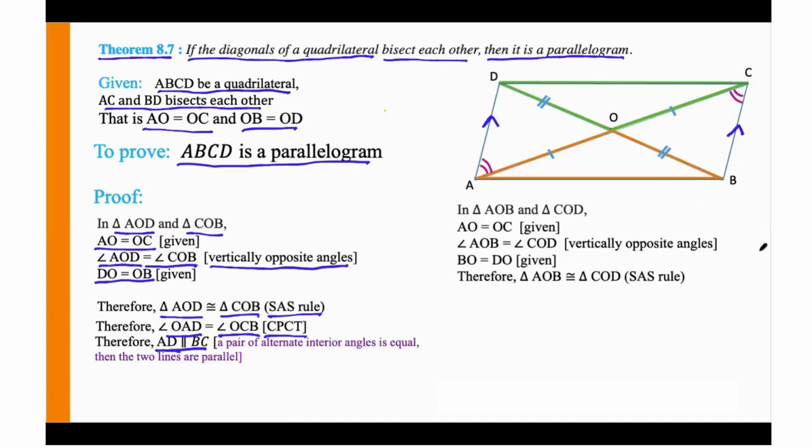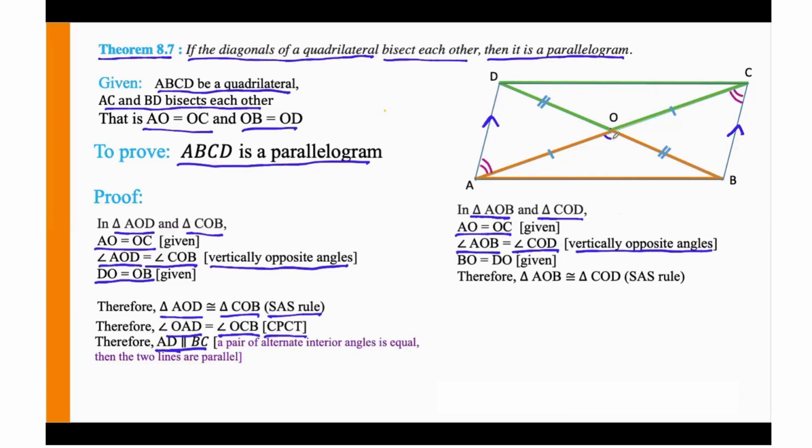Now let's take other two triangles. Triangle AOB, which is the orange triangle, and triangle COD, the green triangle. Here also it's given that AO is equal to OC. Angle AOB again will be equal to angle COD because they form vertically opposite angles.